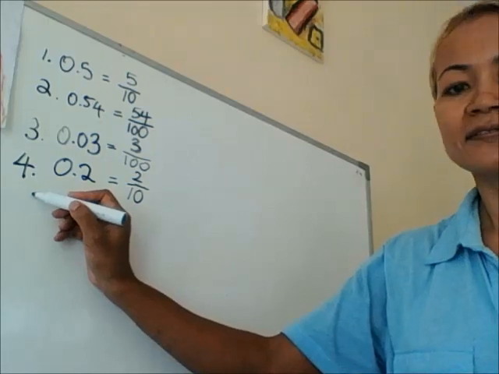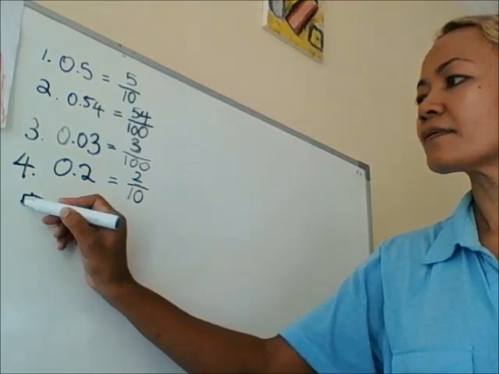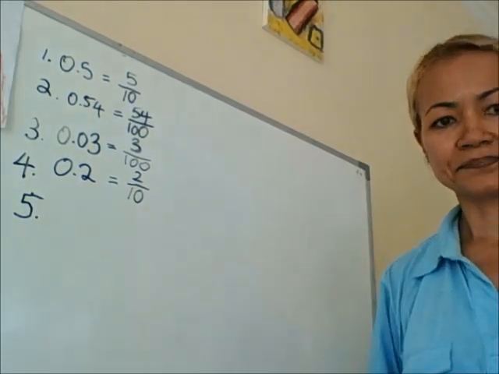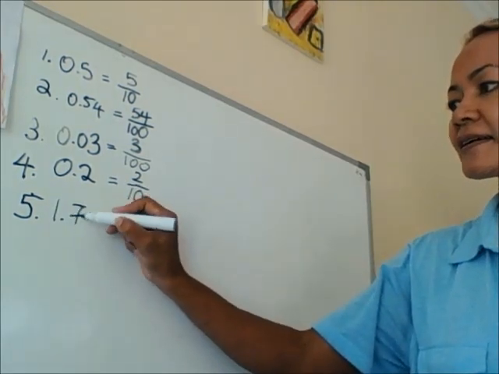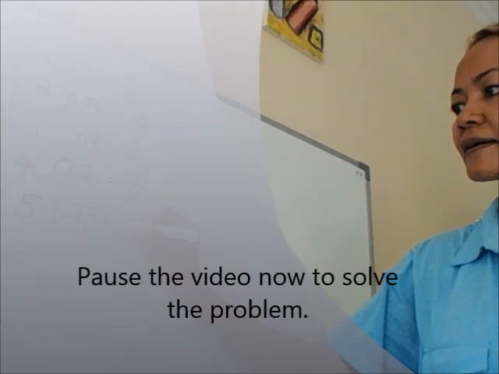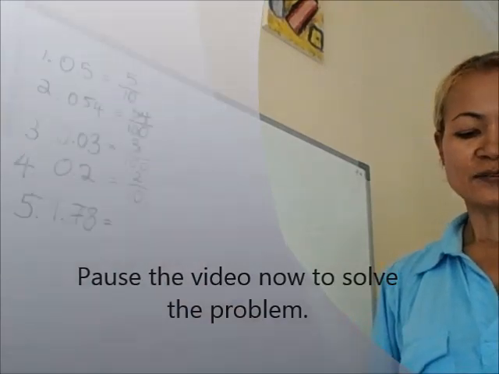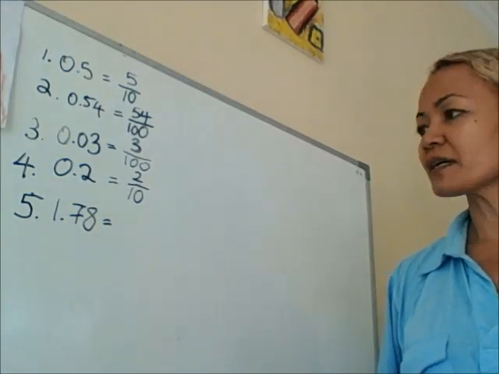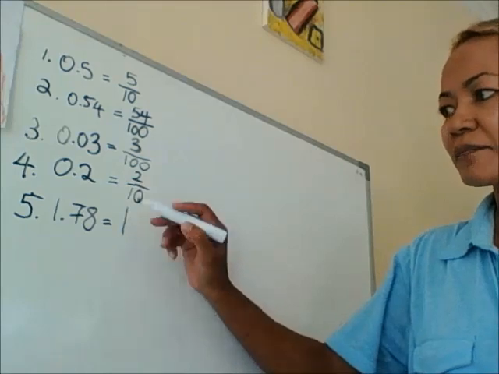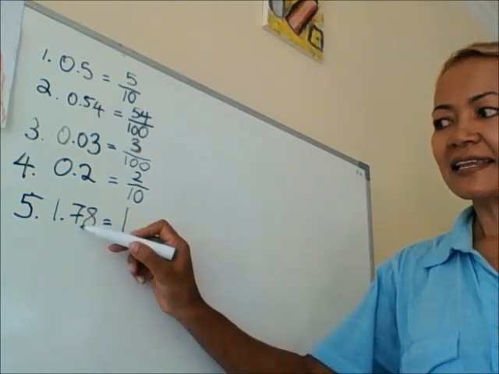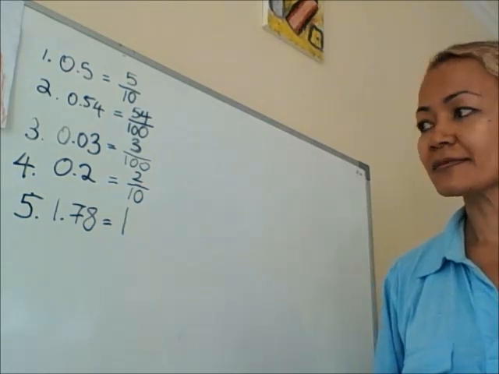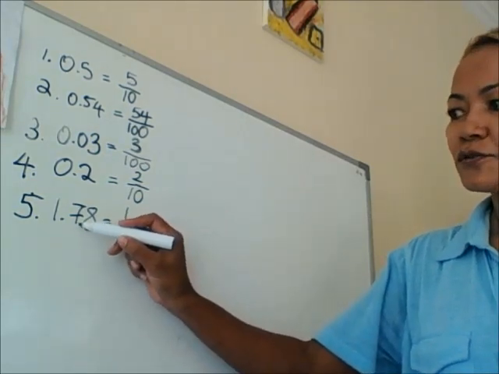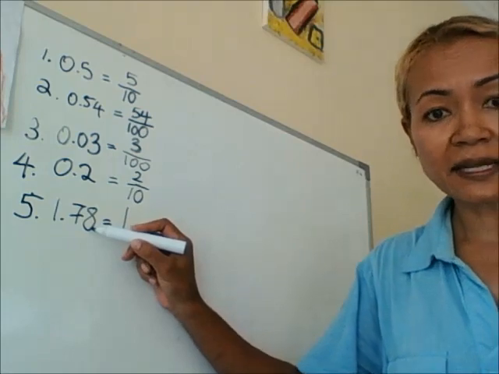Number 5. 1.78. Now this is 1, so it's including a whole number. So you start off with a whole number, the 1 on the side. Then this 0.78, you will have it sitting as a fraction. So 2 places to the right of the decimal place.